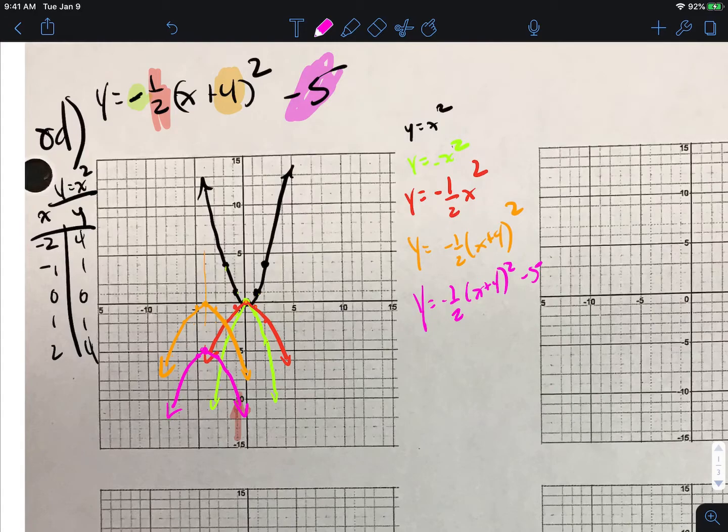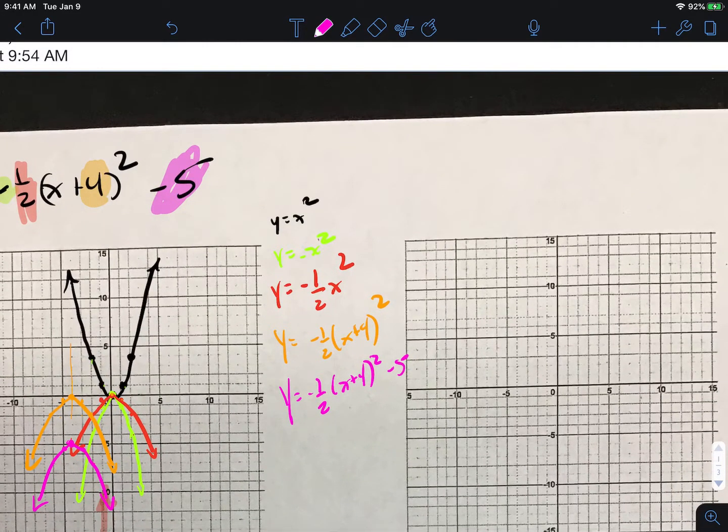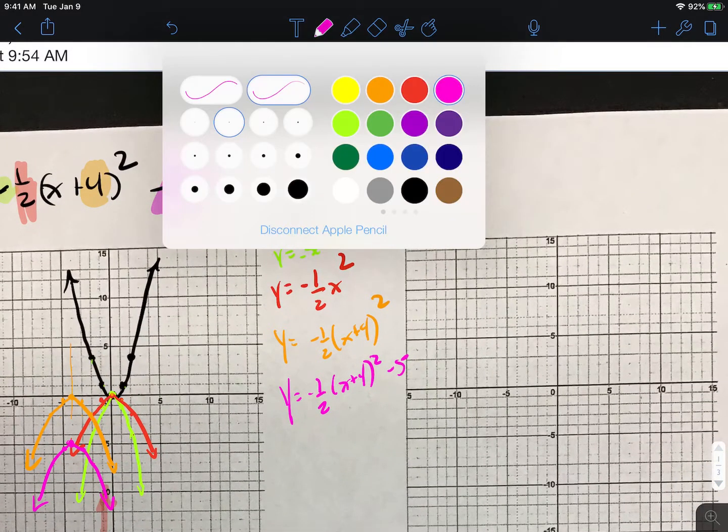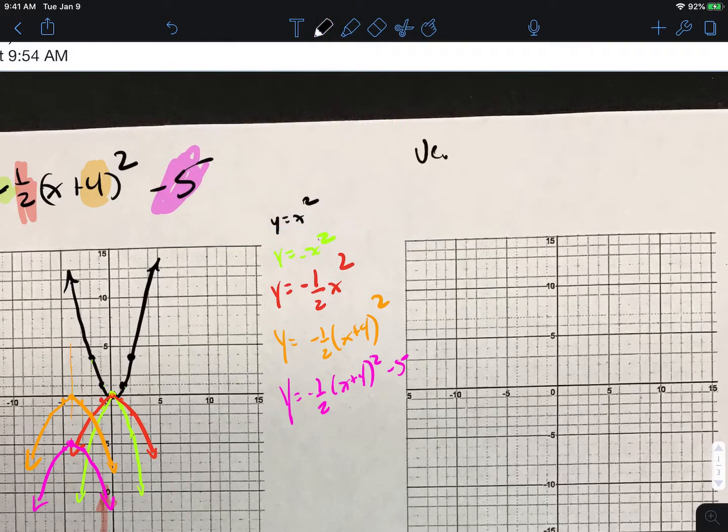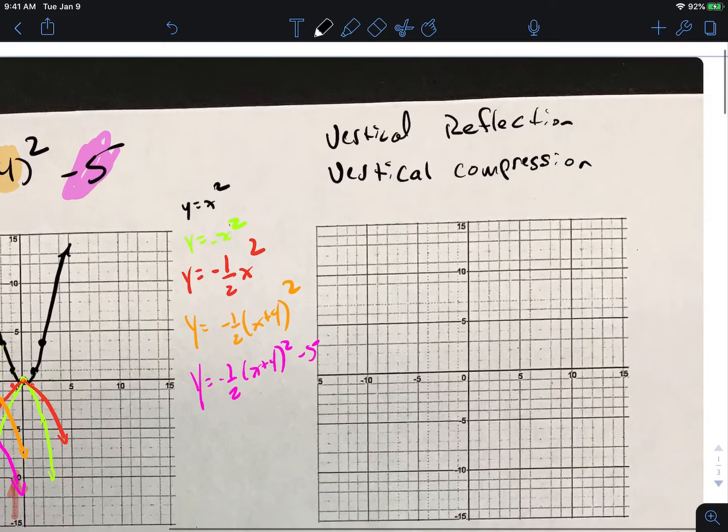And then the only other thing that I'll write down, or you guys can watch this if you want, is the terminology. So I would say the terminology: vertical reflection is the first one. And then you could say vertical stretch or compression, but in this case it's a compression by 1/2.